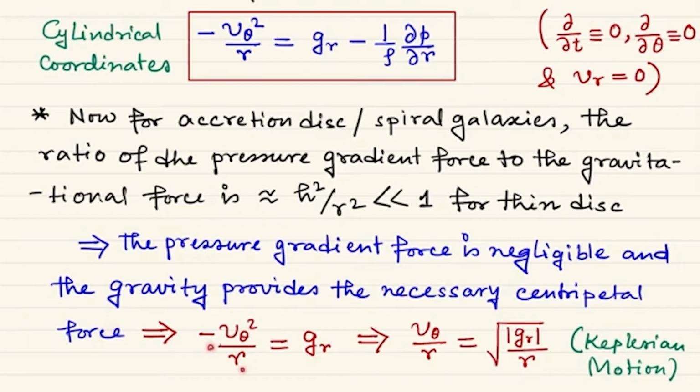So minus v theta square by r will be exactly equal to gr. If you divide both sides by r, it will be v theta square by r square is equal to gr by r. You also know that gr should be radially inward directed so that it is an attractive one. Otherwise, there is no meaning of rotation in this case.